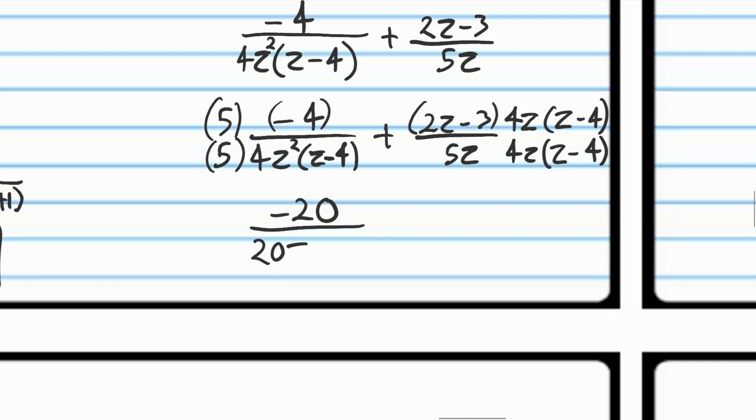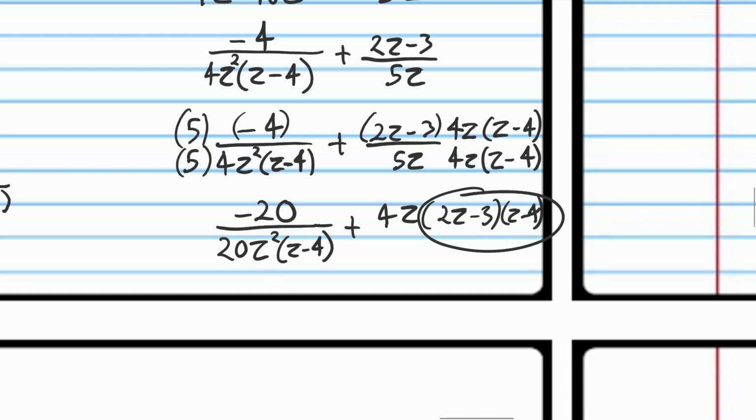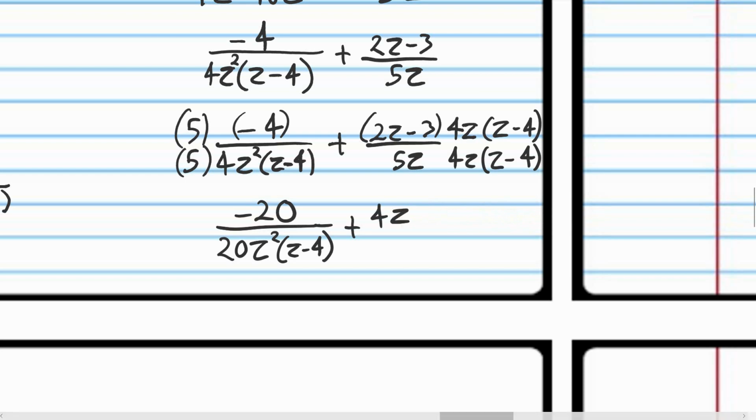So we'll have 20z squared, z minus 4. And over here, things are going to get really messy. So what I'm going to do is I'm going to put the 4z in front, and I'm going to multiply 2z minus 3 times z minus 4. I'm going to go ahead and FOIL that out. Again, you have to FOIL the numerators. So I'm going to do this in my head so we can save room.